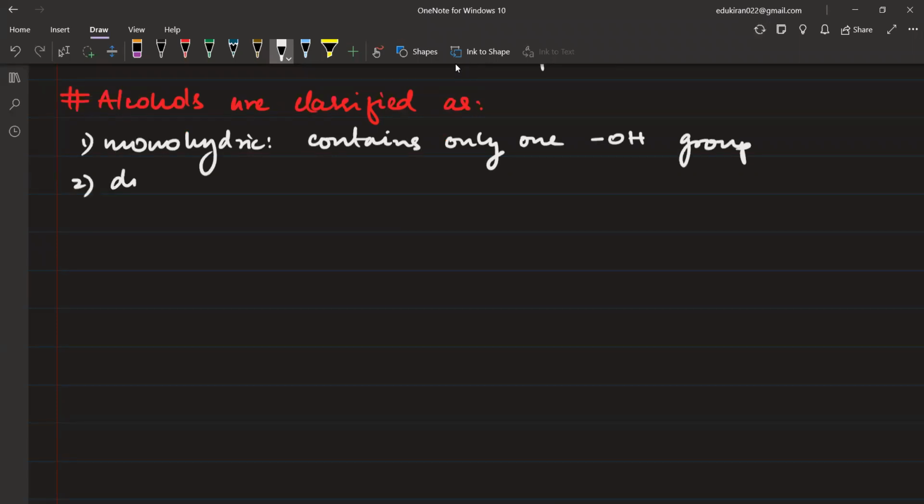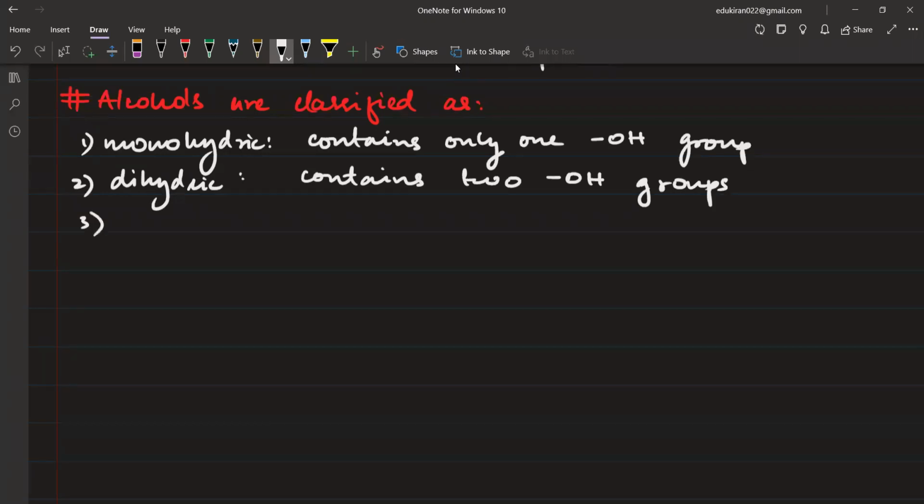Second, dihydric. Dihydric alcohol contains two OH groups. Third is trihydric. It contains three OH groups.